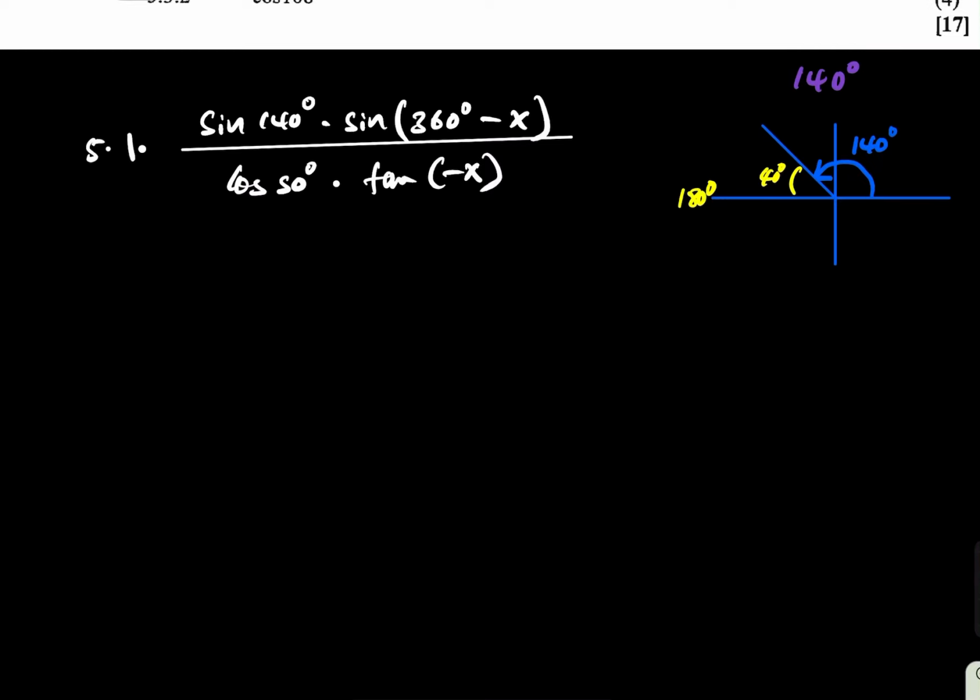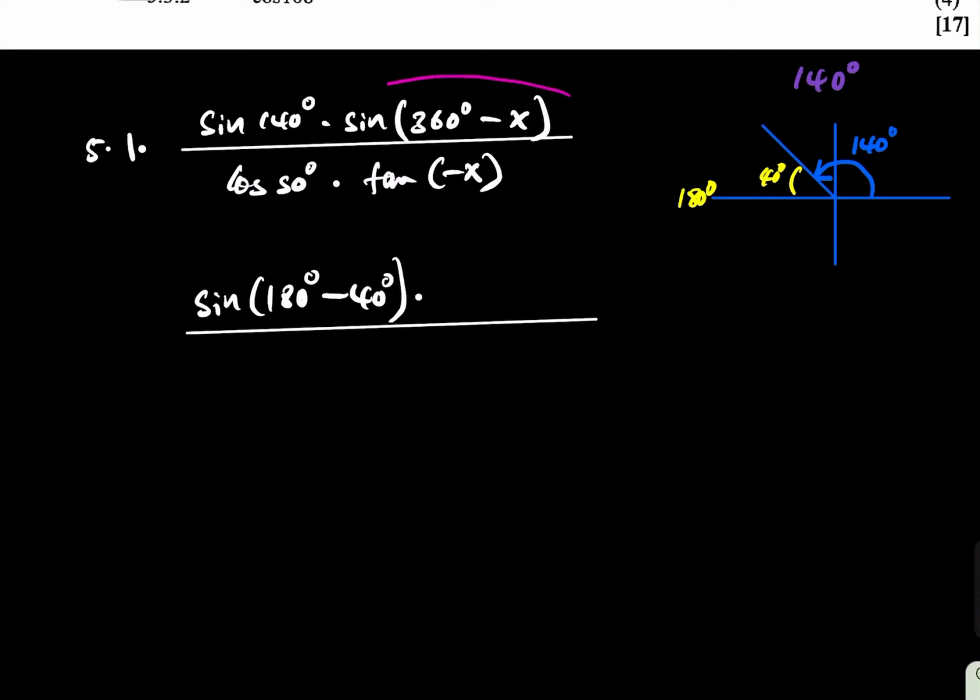So if we observe that, we are going to have it this way: this is the sine of 180 degrees minus 40 degrees, multiplied by, if you look at this situation, the fourth quadrant where sine is negative. So I'm going to have a negative sine x there, multiplied by... Now, if you look at 50 degrees, that is your acute angle in the first quadrant. I'm going to have my 50 here.